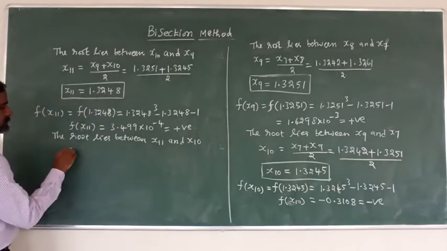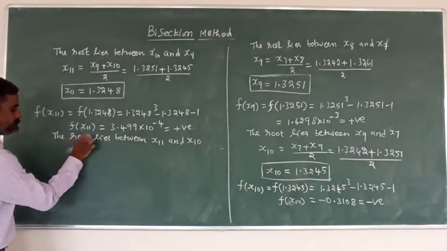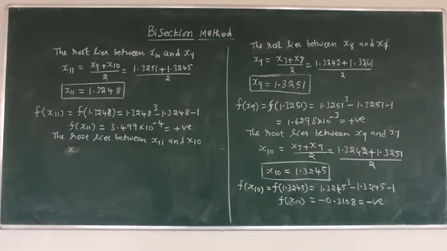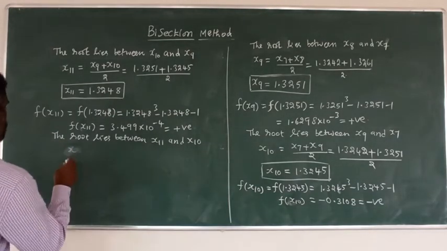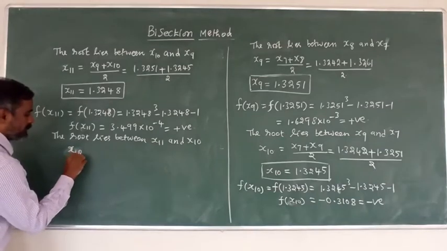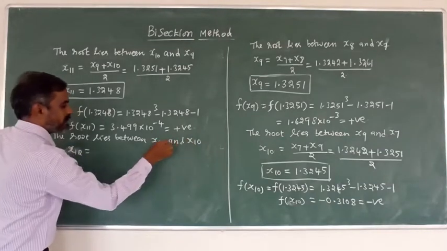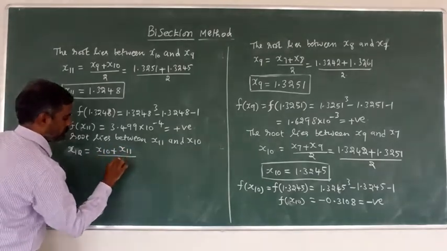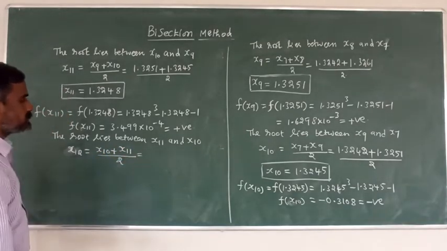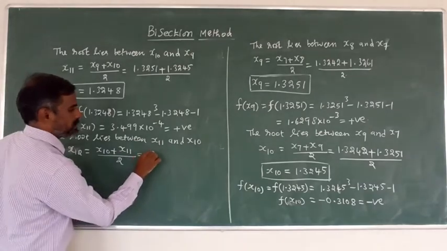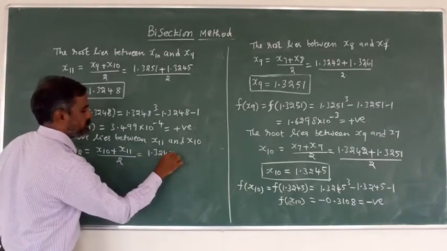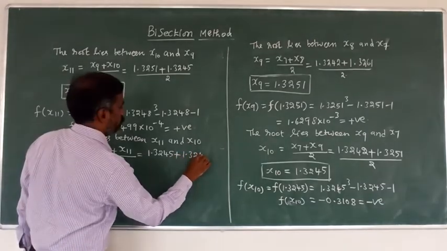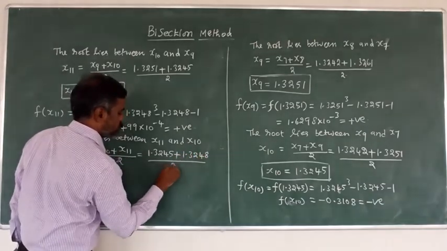Now next iteration: x12 equals the average of these two, x10 plus x11 divided by 2. x10 value 1.3245 plus x11 value 1.3248 divided by 2.